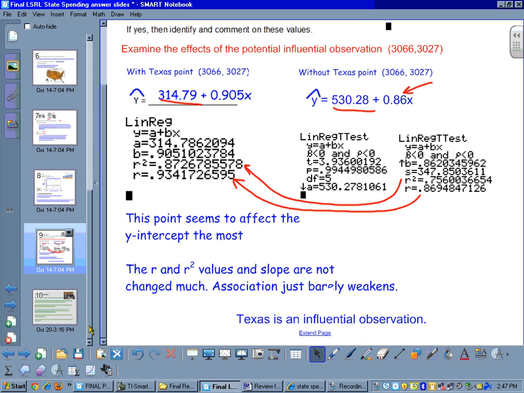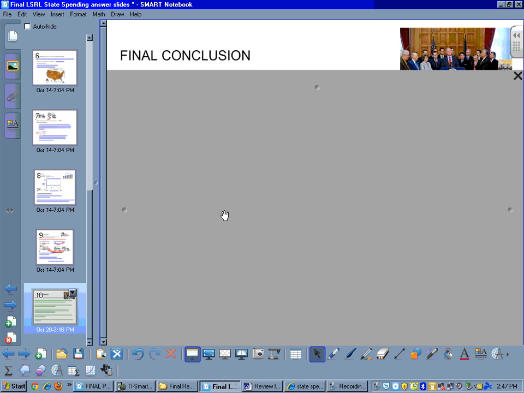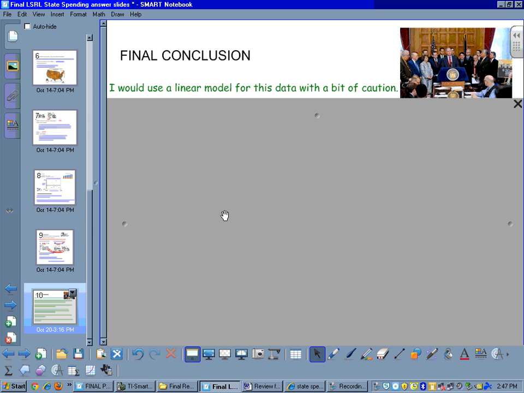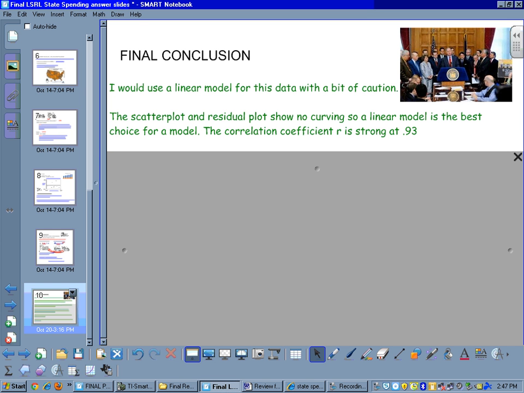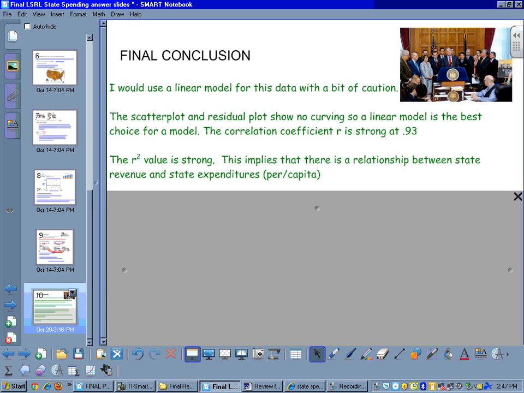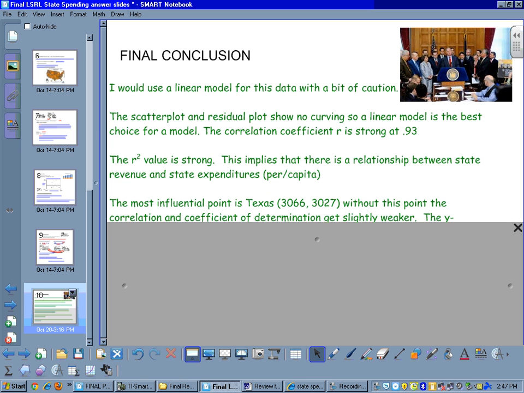Now my final conclusions. In my final conclusion, I want to know, should I use a line and how good is it? So I say I would use the line with a tiny bit of caution. The scatter plot and residual plots are pretty solid, and the correlation coefficient is very strong. The r value is strong, so it can be used for interpretation pretty effectively. It does imply that there's a relationship.